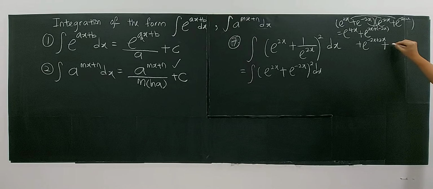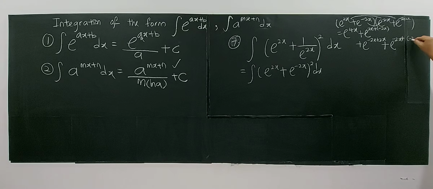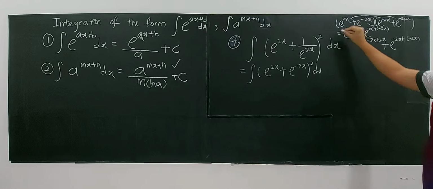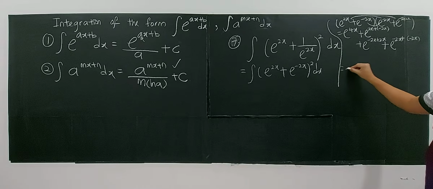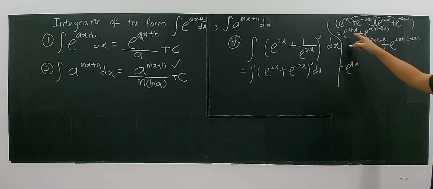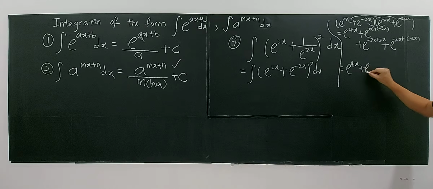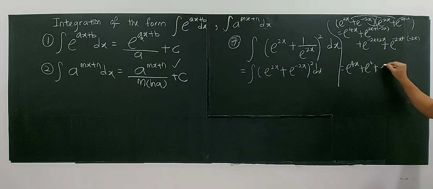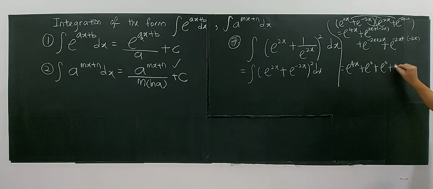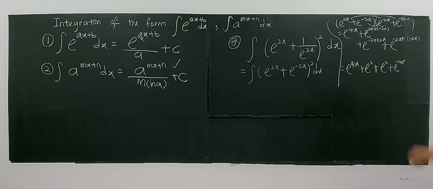Then e^(-2x) times e^(-2x). So finally, you have e to the power 4x, then 2x minus 2x, you have e to the power of 0, plus e to the power of 0, plus e to the power of negative 4x.